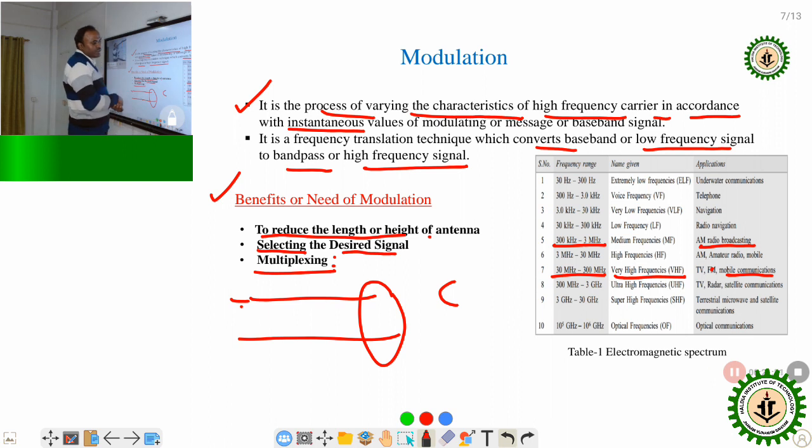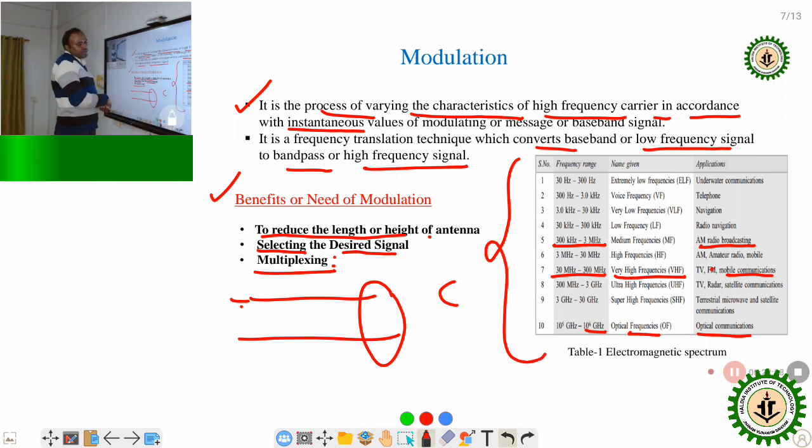And lastly, you can go for 10^5 gigahertz to 10^6 gigahertz, which is called the optical frequency range, and it can be used for optical communication. In this table we can easily see the different communication purposes and which spectrum can be used.